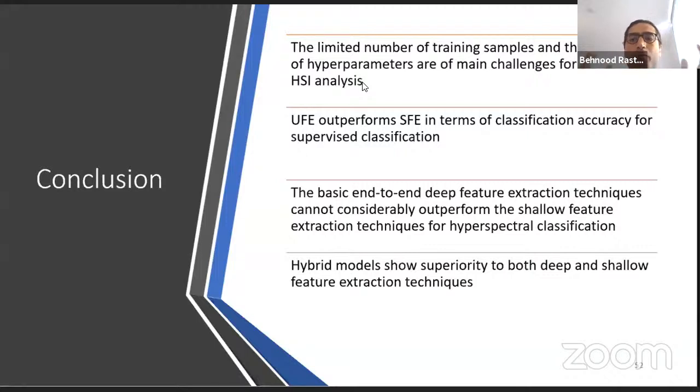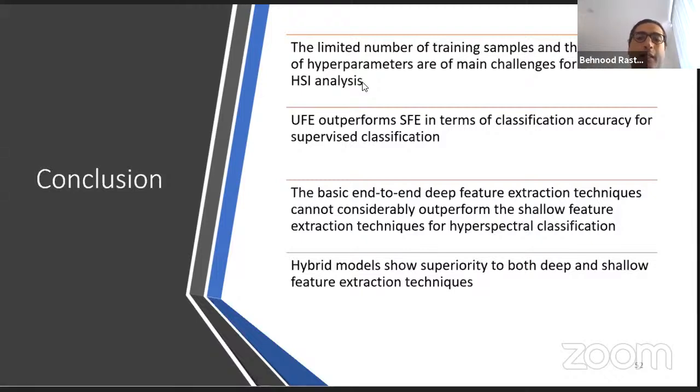But then again, these are just very basic architectures, and we wanted to provide this toolbox for the researchers and students who are interested.